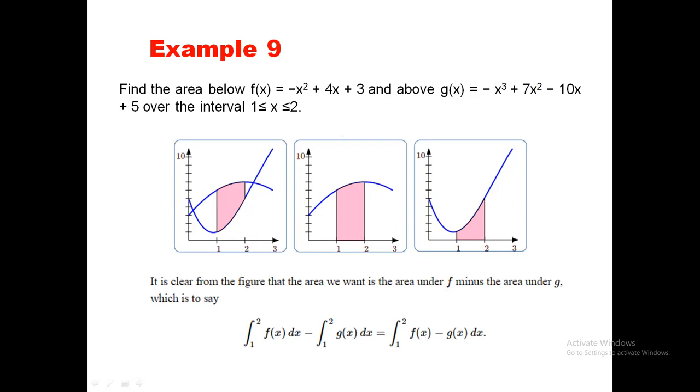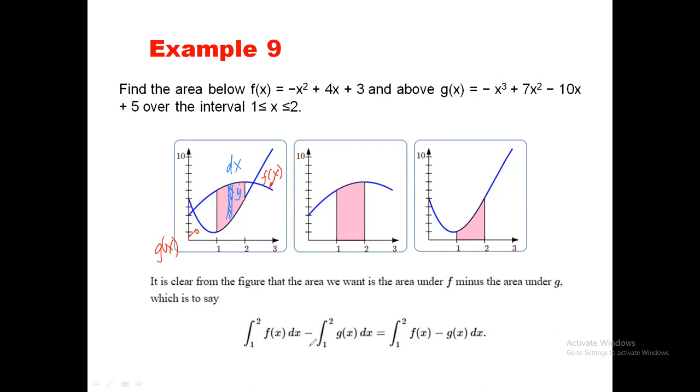But it can be done straightforward. It determines an area. This is the x and you have your y. So the y of the function of x, that's negative. Okay, this is your function of x, this curve, and this is your g of x.